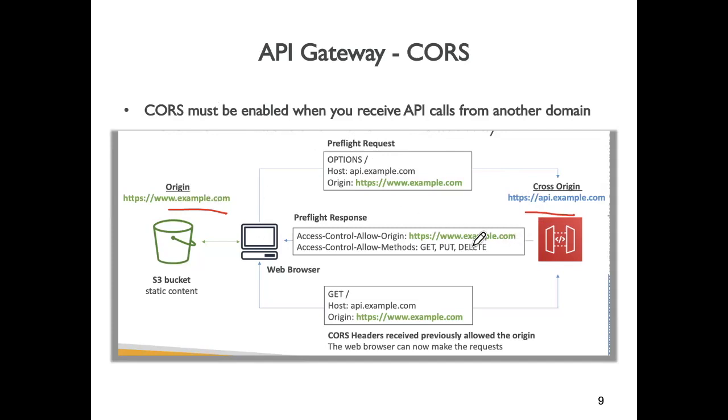The web API will respond saying what support it provides for that domain. It looks like in this case it supports all the different types of HTTP methods for that domain. So now our browser knows it can send the request to the actual web API, and it then sends on the actual request.